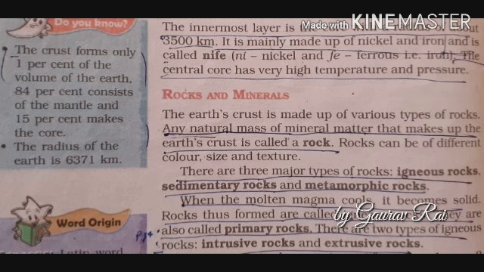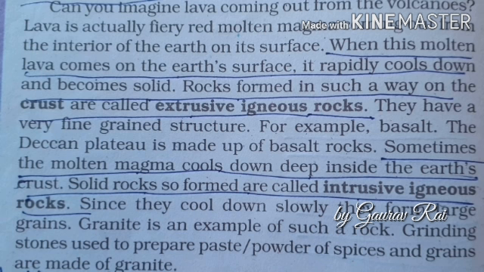We will read further. Can you imagine lava coming out from the volcanoes? Lava is actually fiery red molten magma coming out from the interior of the Earth on its surface. When this molten lava comes on the Earth's surface, it rapidly cools down and becomes solid. Rocks formed in such a way on the crust are called extrusive igneous rocks.